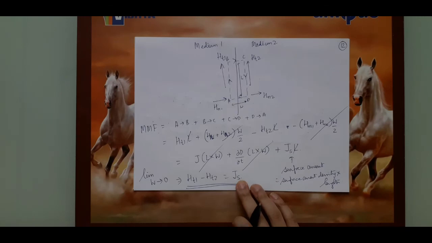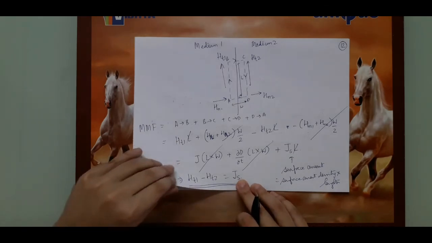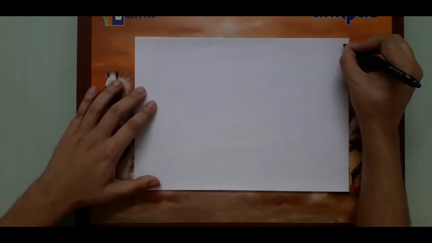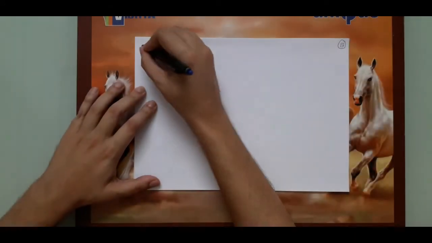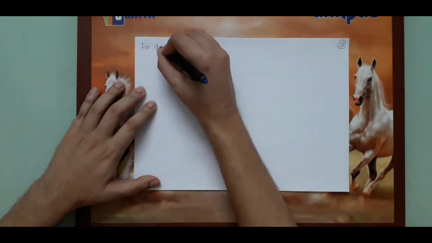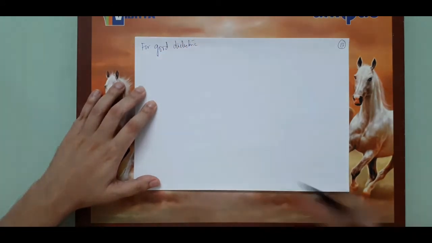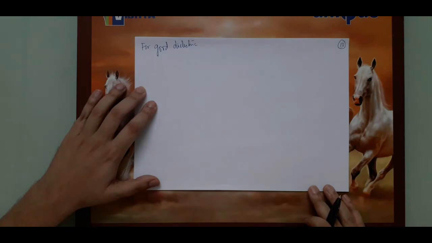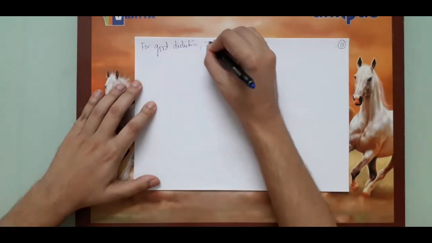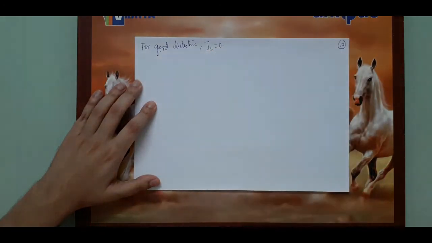So I can say for a good dielectric, there cannot be any charge or any current inside a dielectric. So I can say J is equal to 0.